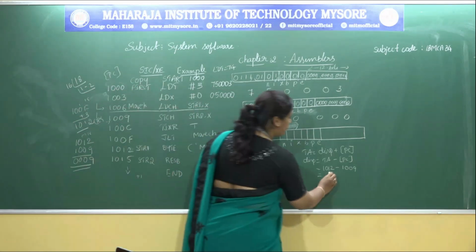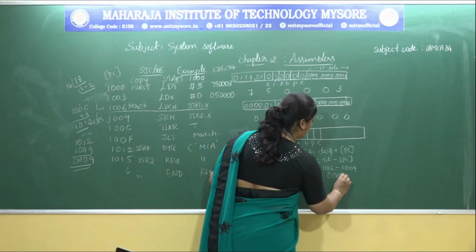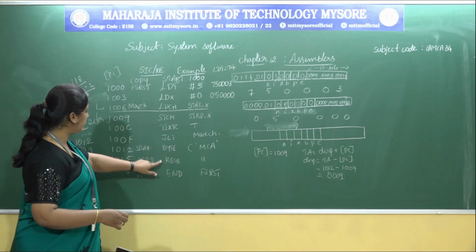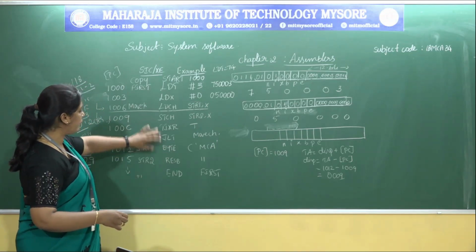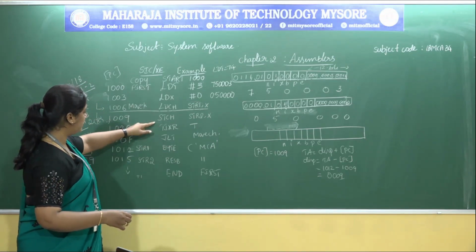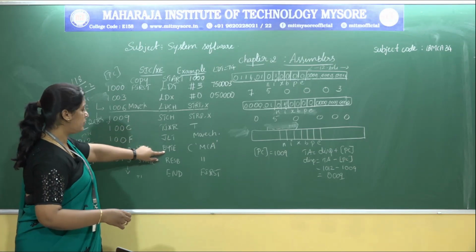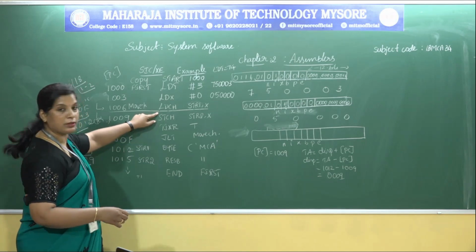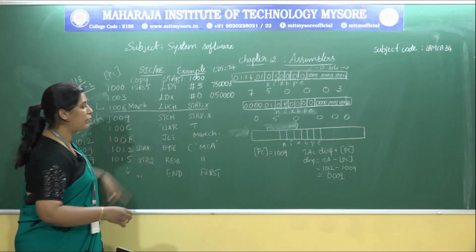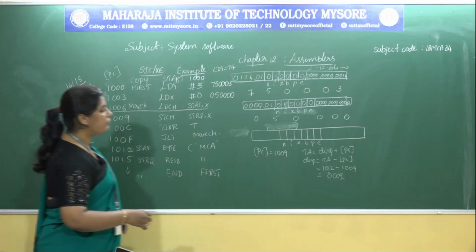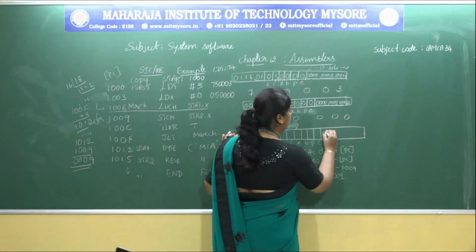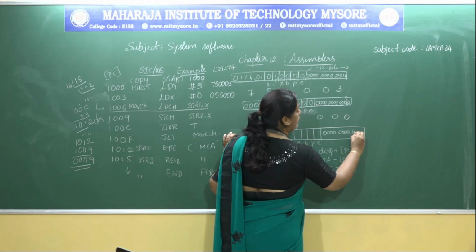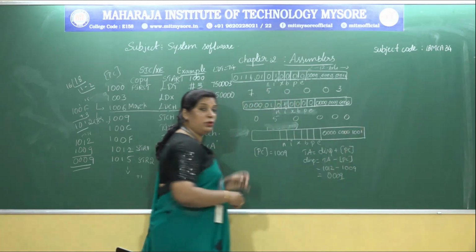It is 009, which means this instruction is 9 bytes far away from this instruction. This is called the displacement value. Now we got the displacement value, so write it down: 0, 0, 9.